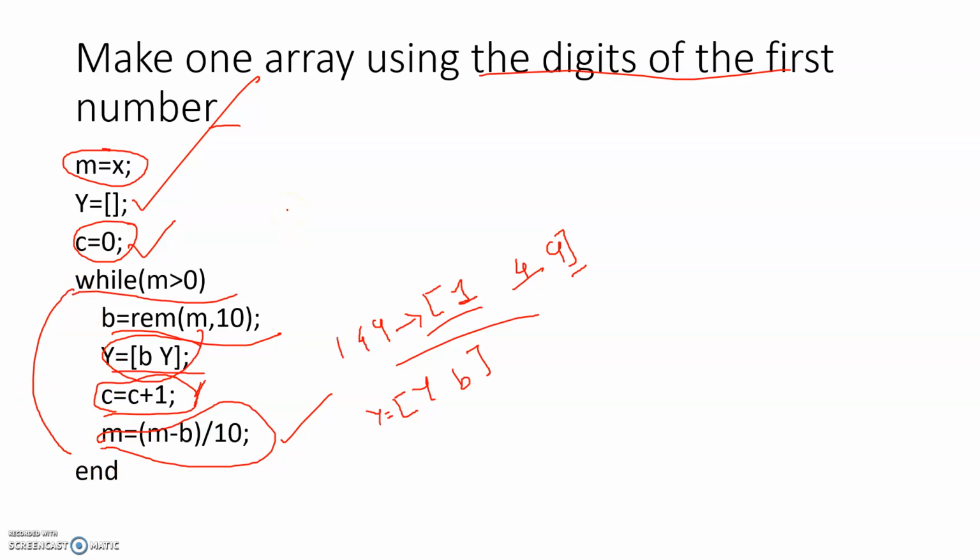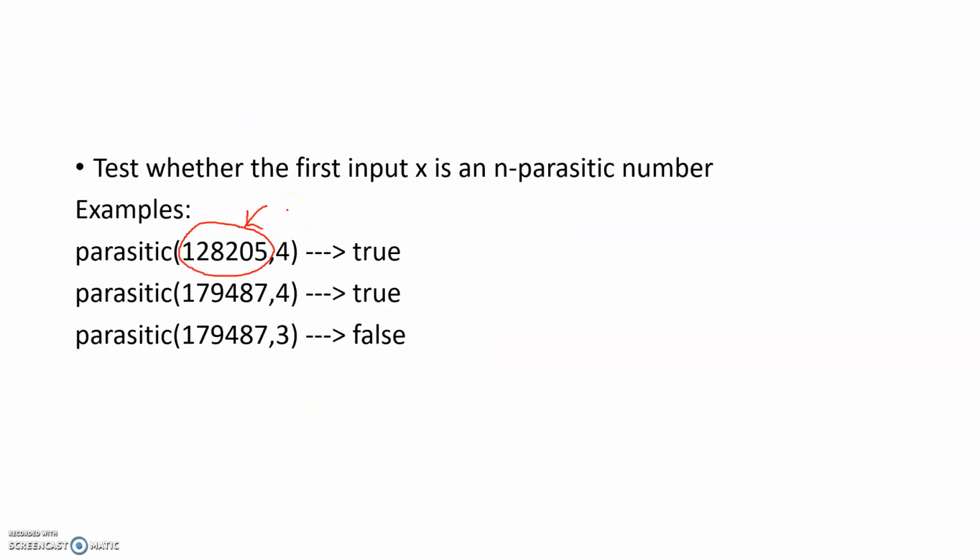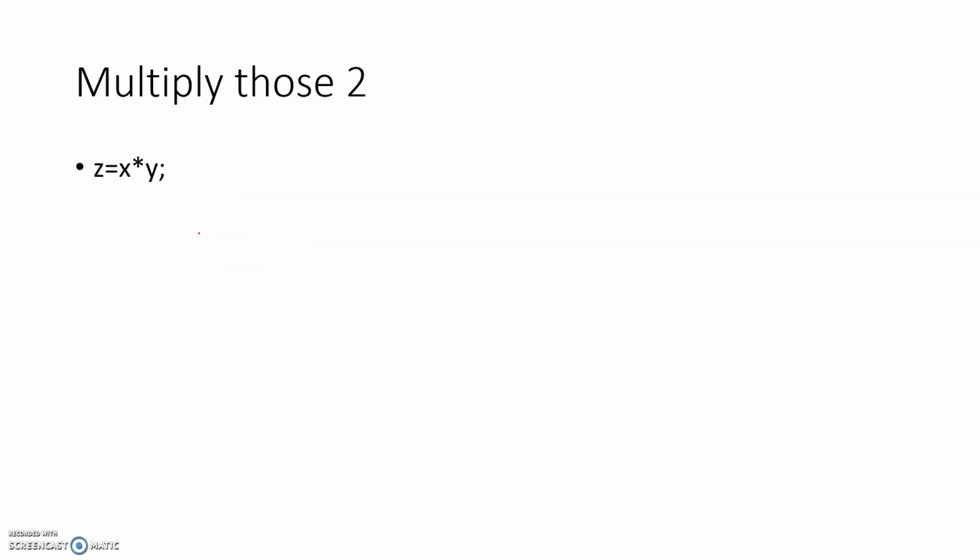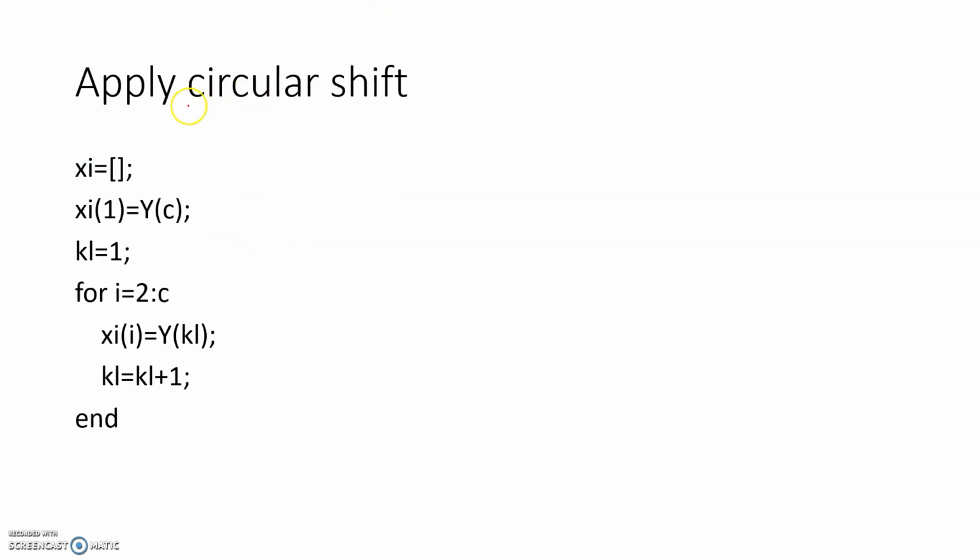Then what we are doing, see here, after multiplication we have to check whether the multiplication result digits are basically one time circular shifted version of this first input or not. So what I will do, I will take this last digit to the front. For that, very simple, apply circular shift.